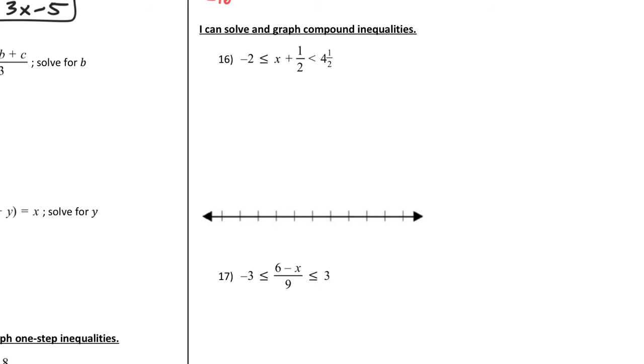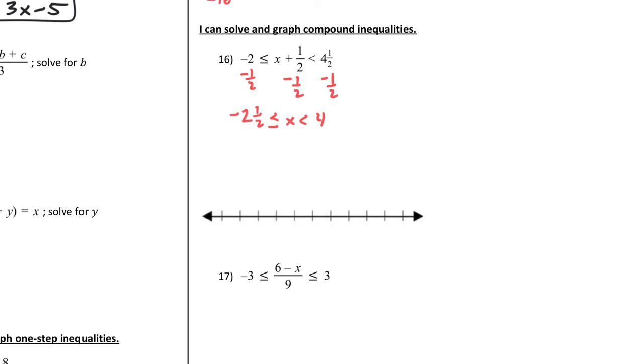Compound inequalities. The only thing I really need to do is subtract 1/2 from all sides. Subtract 1/2, subtract 1/2, subtract 1/2. So that's negative 2 and 1/2 is less than or equal to x, which is less than 4.